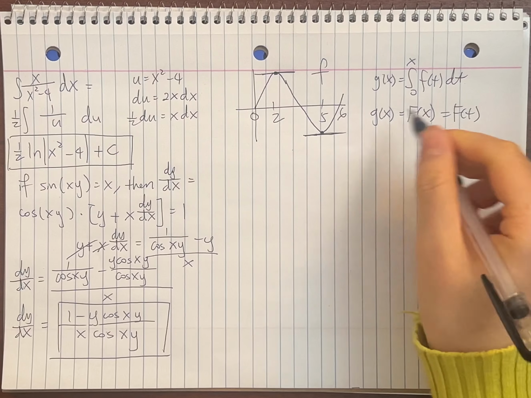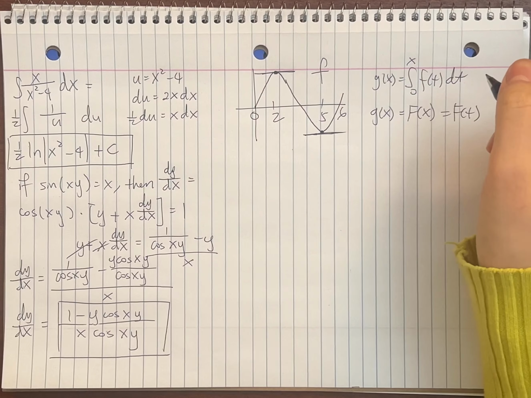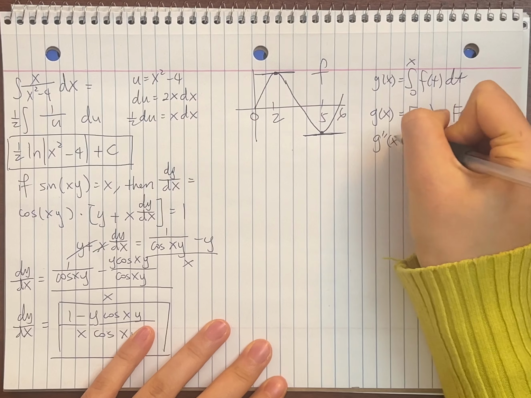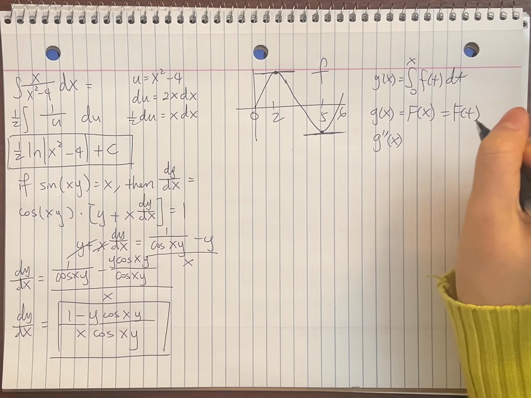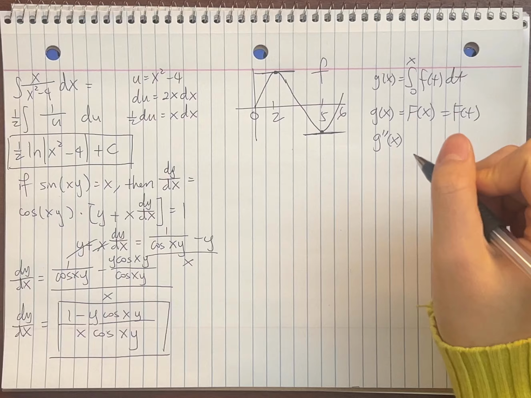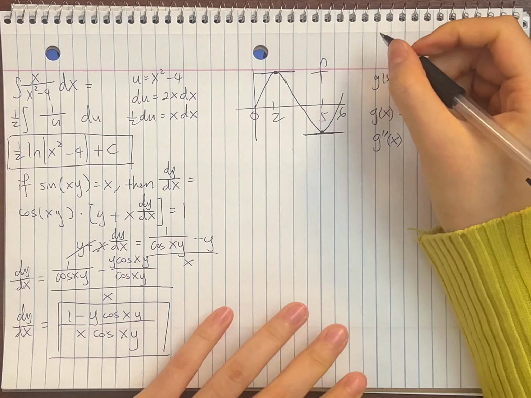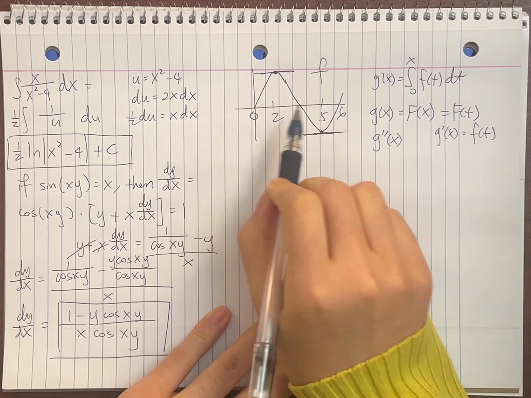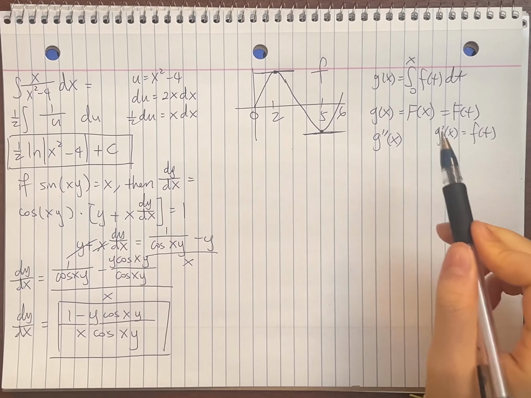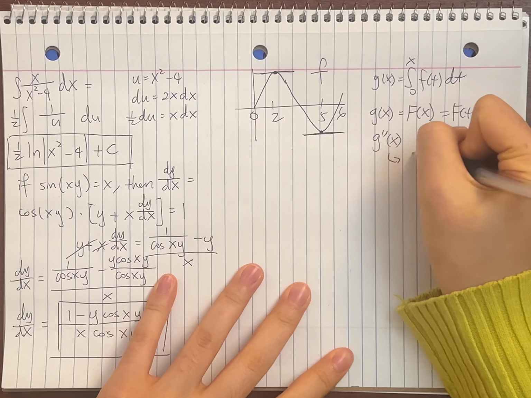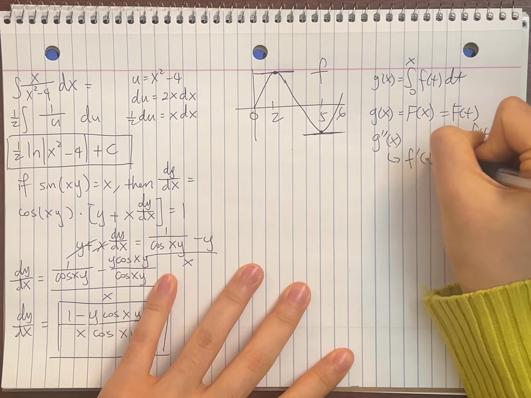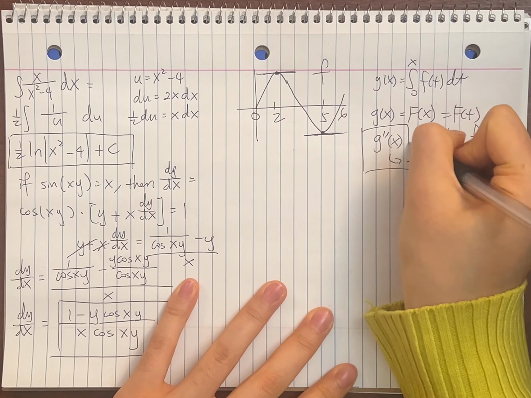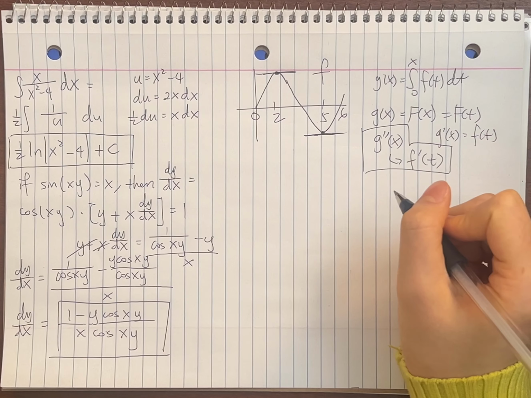So it asks us to find the point of inflection of g, which means we have to find the second derivative of g of x. Well, the second derivative of g of x, we already know that g prime of x will be f of t, so this graph. So g double prime of x will just be f prime of t, right? So be sure to know this relationship, it's pretty important.